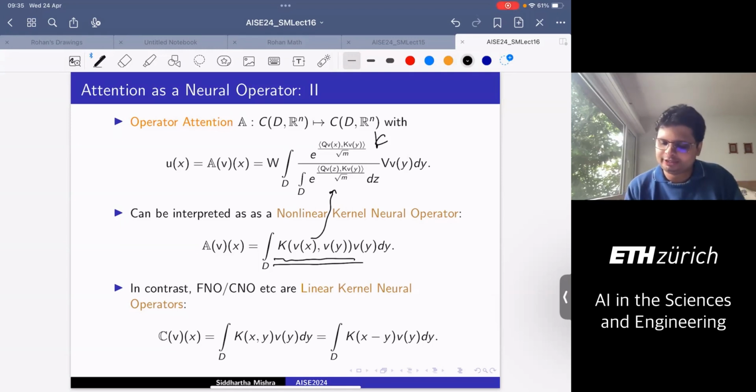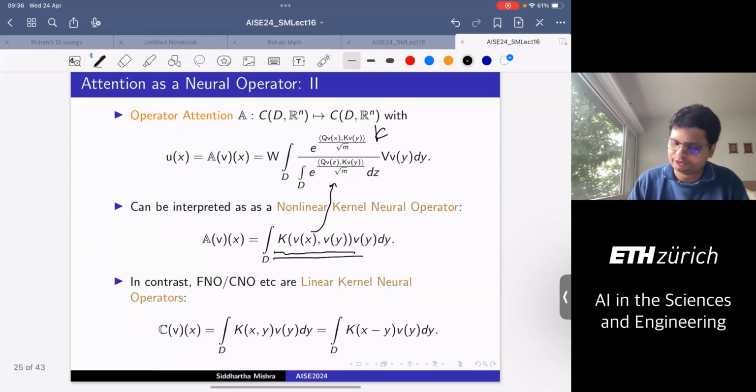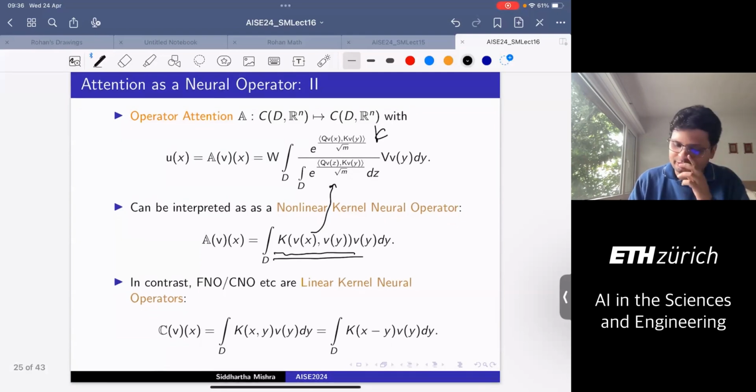Okay, so the kernel itself is nonlinear, and this is going to be the big difference from what we had before. Because if you think of FNO, CNO, and so on, there also these were kernel integral operators. Remember that we had changed the matrix vector multipliers into kernel integral operators, especially with these translation invariant kernels. That's why these were convolutions. But this was linear.